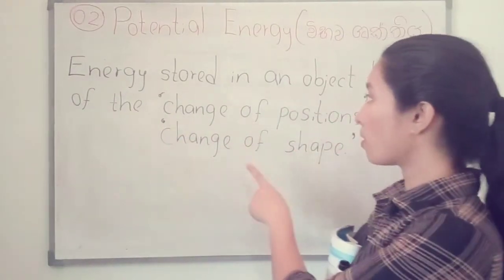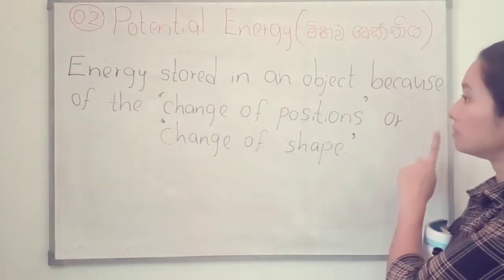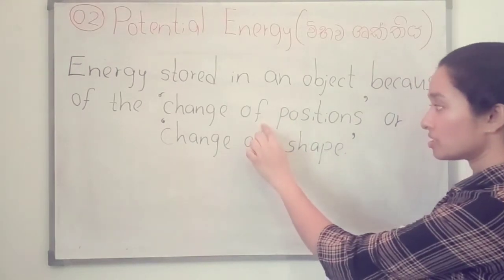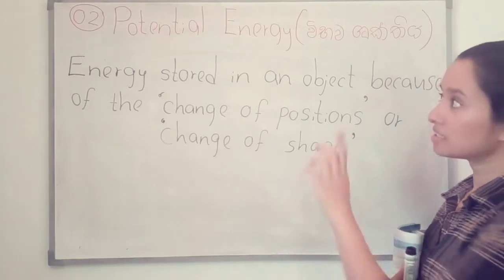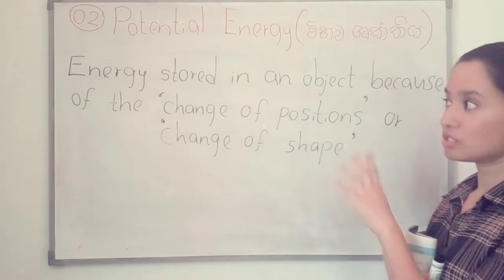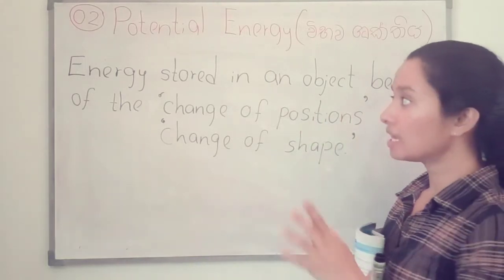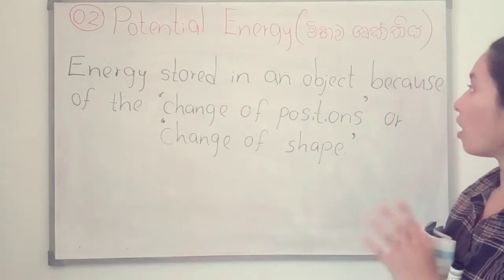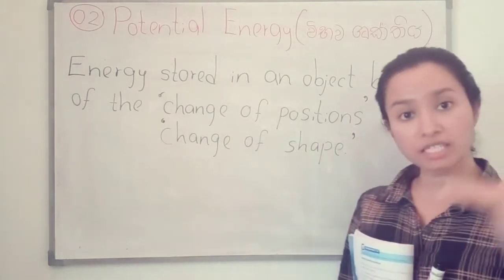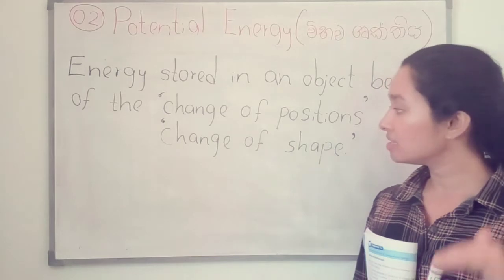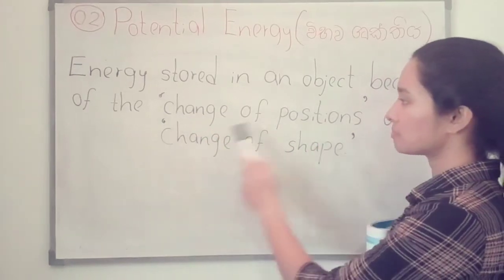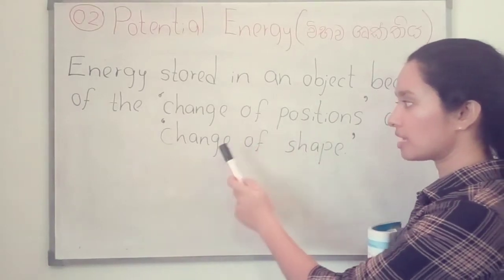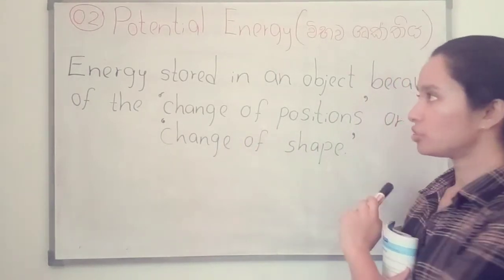The energy stored in an object because of the change of position or change of shape, we call potential energy. You should remember these two things: change of position and change of shape.